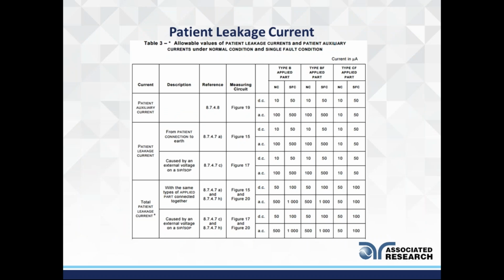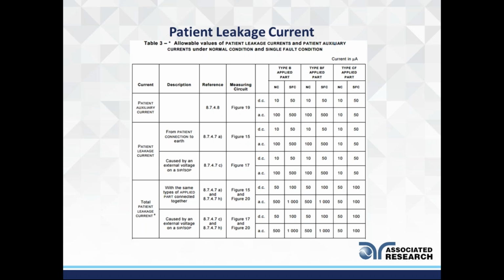So here's that table 3 I was referring to in the last slide. Allowable values of patient leakage currents and patient auxiliary currents under normal and single fault conditions. So you can see here, depending on what type of applied part, CF, BF, or B, and AC/DC.